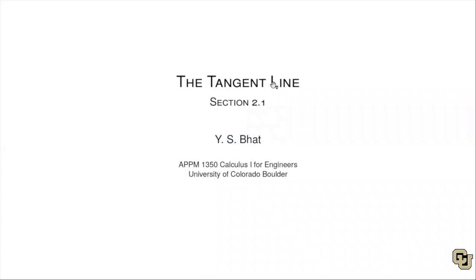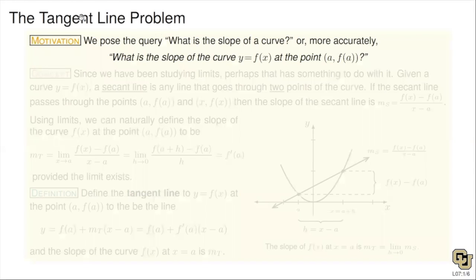The tangent line problem is basically this question: what is the slope of a curve? Or more accurately, what's the slope of the curve at a fixed point? I want to go back a little bit to pre-calculus. Remember in pre-calculus, given a straight line, we figured out the formula to find the slope of that straight line.